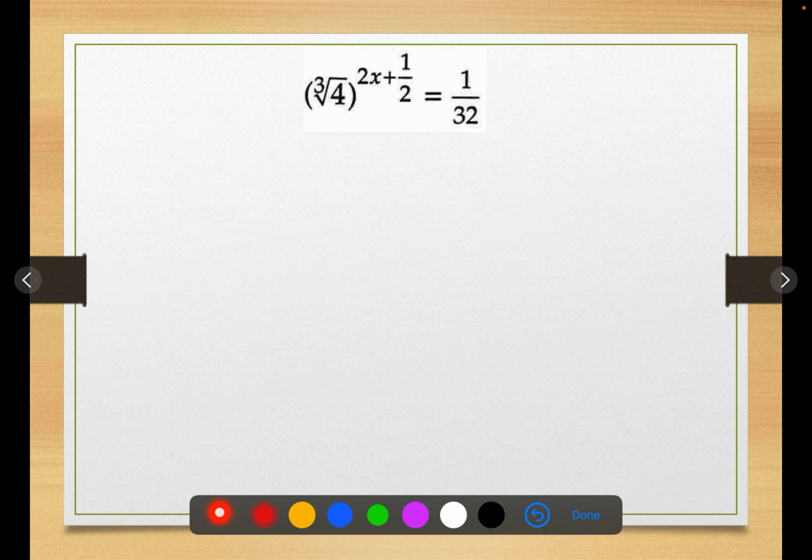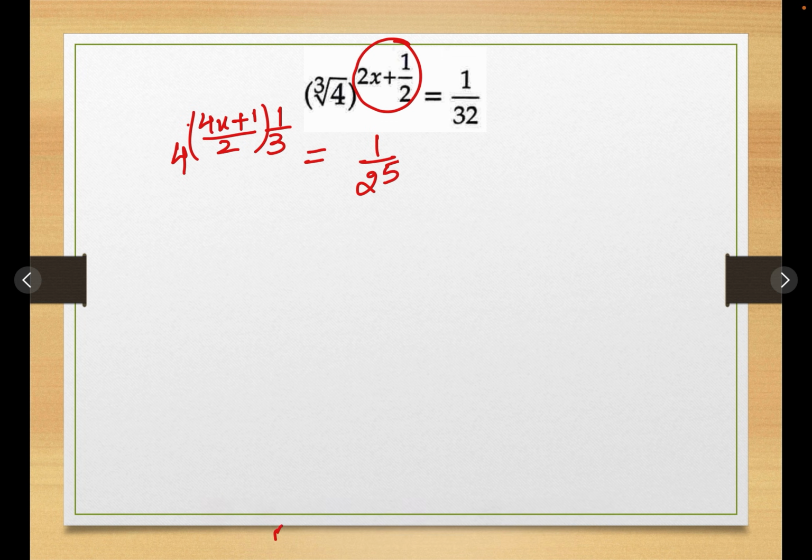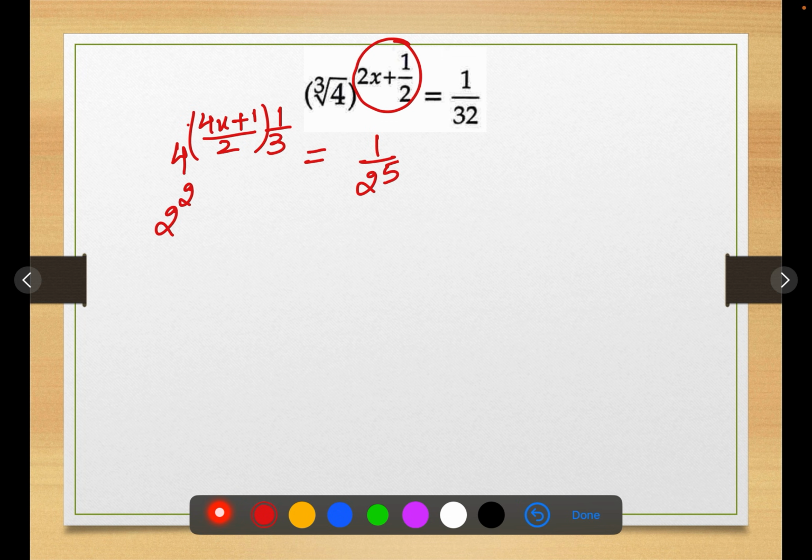Next, 4 is, let's find out the LCM here. So it will be 4x plus 1 upon 2 and this is to be multiplied by 1 upon 3. So this is 2 to the power 5. So I need this also as 2. So 2 to the power 2, 4x plus 1 upon 2 into 1 upon 3.